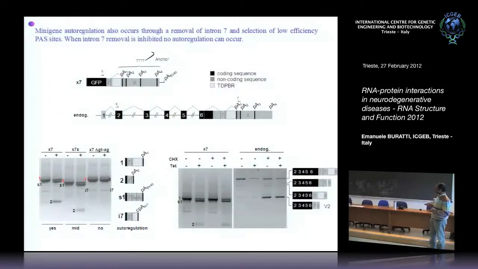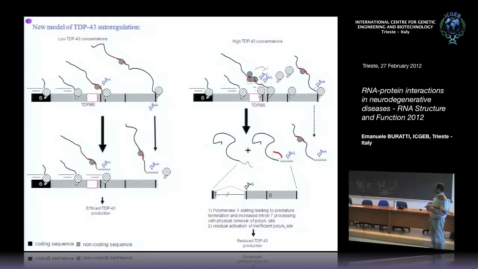And this is actually confirmed by RT-PCR analysis, because you see here that the constructs that do not autoregulate are the constructs that can always use the poly-A1 site, whilst all the constructs that give a good or middle degree of autoregulation, they can actually start losing the ability to recognize the poly-A1 site because the intron 7 is removed, and they start to use less efficient polyadenylation sequences. And so this is really the model that we have now.